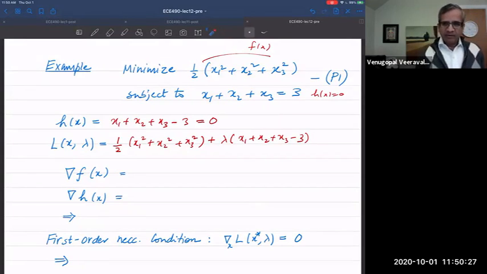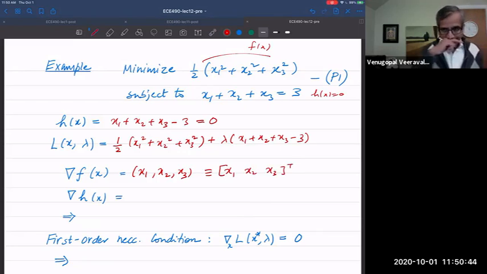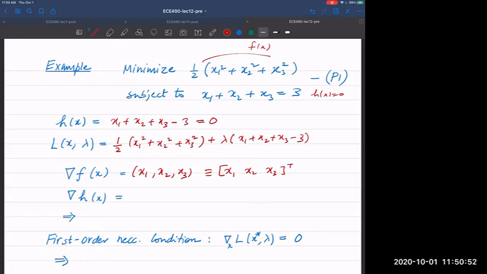So the components of the gradient are just x1, x2, x3 in this case, which we can write as the tuple, or equivalently, the column vector. And the gradient of h is linear, so all ones.